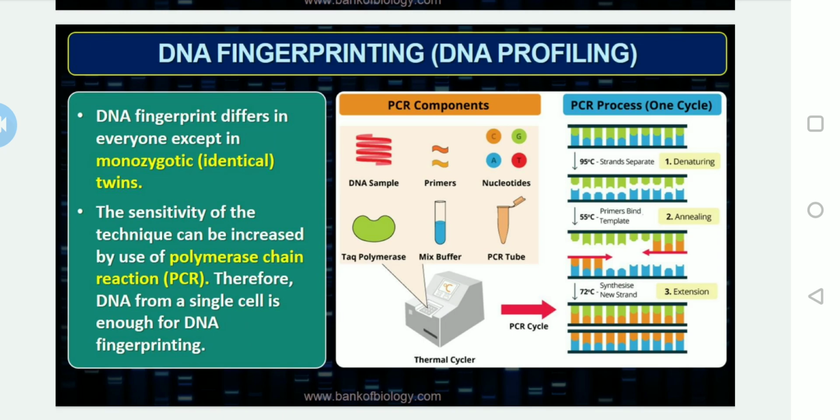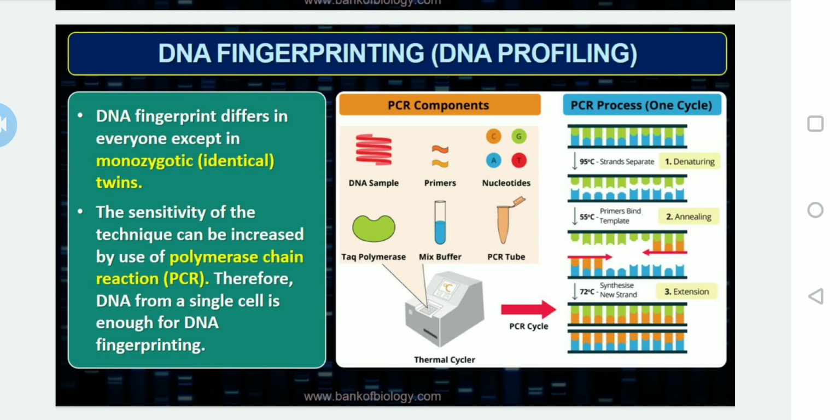But still, as I said, a single living cell is quite enough. Because of that single cell we can multiply, separate and extract all the fragments, so that we get complete information about that particular person.